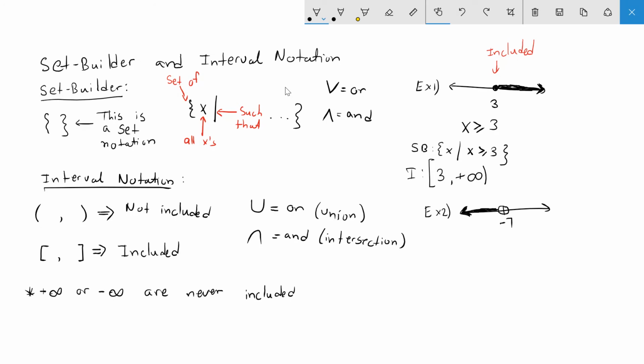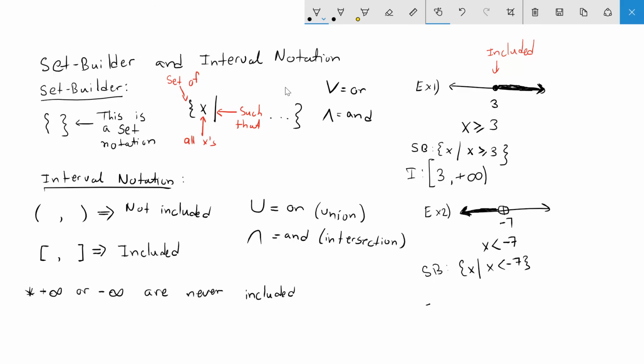So we have x is less than -7. Now let's write this in set builder notation. We start out the same exact way, the set of all x's such that, and again, once you have the inequality written, you just copy it inside. So we have x is less than -7, and you close your set.